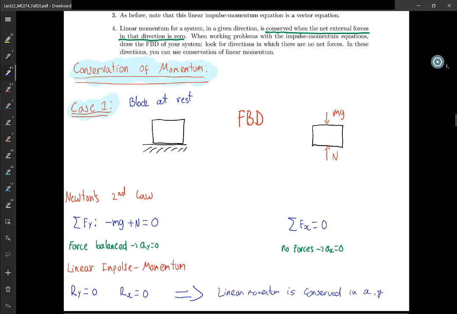Right? So even if there are forces in the y direction, there is no acceleration, there is no motion, so then momentum is also conserved because the reaction force in that direction is 0, right? So that comes from the reaction force here. If that is 0, then the momentum is also conserved.